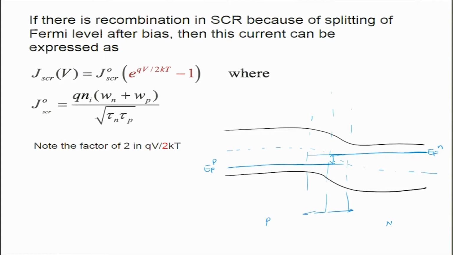What we are showing here is the splitting, the continuity of Ei, but Ei is irrelevant. So, you will have this EFP continuing in some manner, EFN continuing in a certain manner. The exact nature we cannot depict here very clearly, but you are going to have a certain split of the Fermi level because of applied bias.